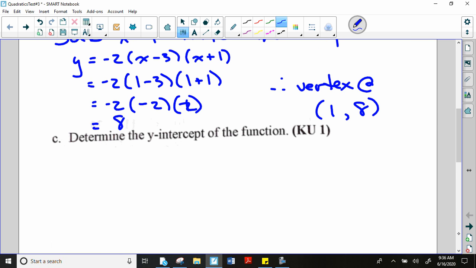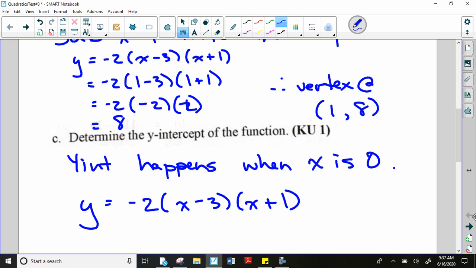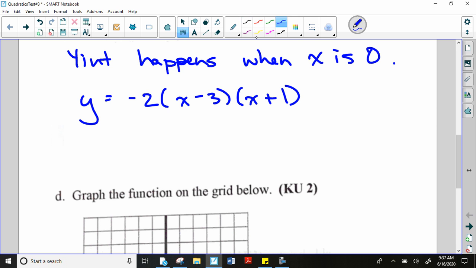Determine the y-intercept. The y-intercept happens when x is 0. That's the rule. So our equation, y equals -2(x minus 3)(x plus 1), if we plug in an x value of 0, we're going to get our y-intercept.